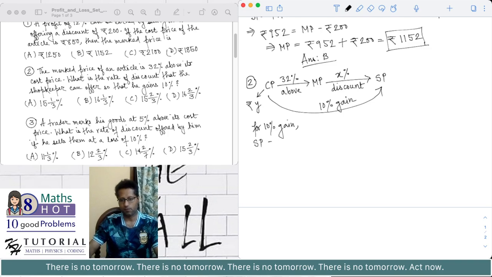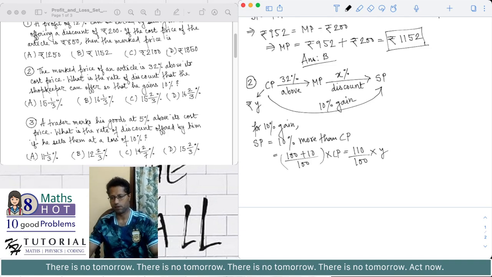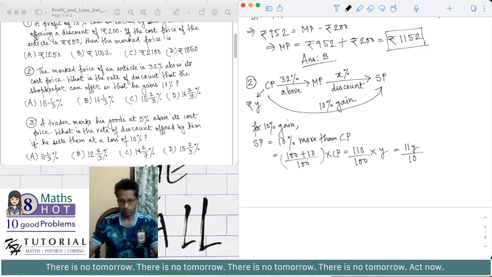For 10% gain, we must have selling price equal to 10% more than cost price, because gain and profit are always based on cost price and selling price. This is equal to 100 plus 10 divided by 100 multiplied by CP. This is equal to 110 divided by 100 multiplied by Y, because we have assumed the cost price to be rupees Y. This is 11Y by 10.